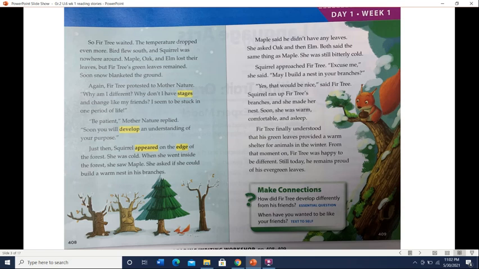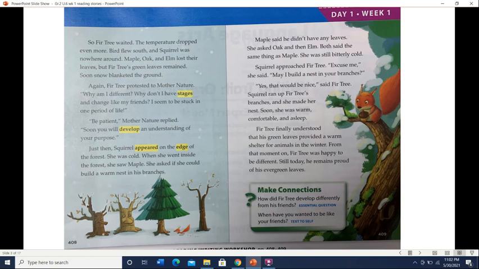He started to understand why he was the only tree that had leaves all throughout all 4 seasons, because he was the only tree that could provide or give shelter for animals that didn't have homes.